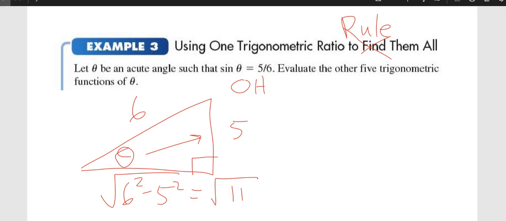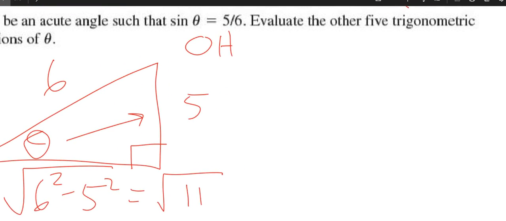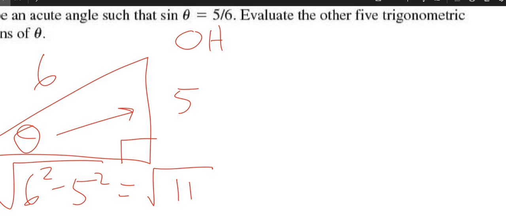Okay, so now they're asking me to find the other 5 trig functions. Let me zoom in a little bit to give myself some room. So we've got the sine. If we've got this sine, what other trig function should we look at first? Probably its reciprocal.